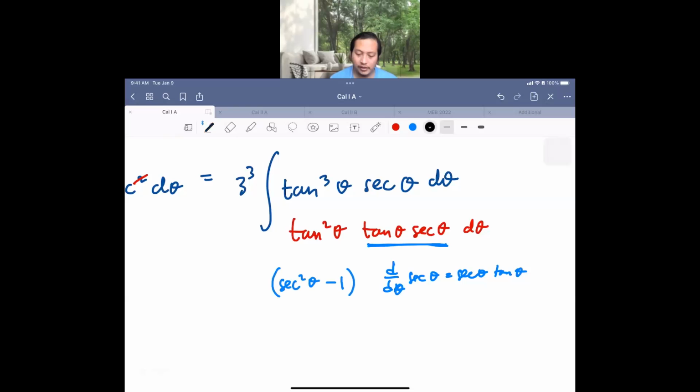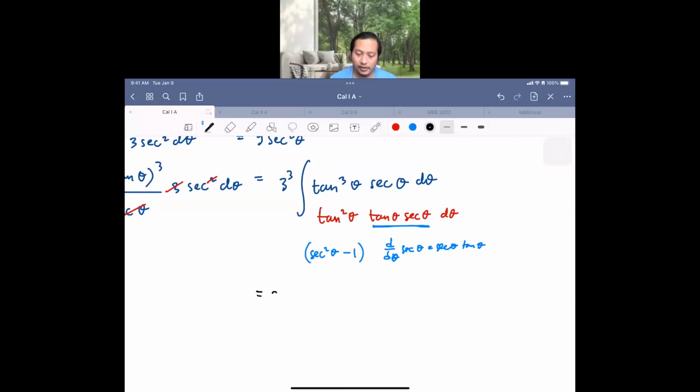Okay, so let me write completely. 3 cubed, or directly 27, is secant squared theta minus 1, and then secant theta tangent theta d theta, and then take u is secant theta, so du will be secant theta tangent theta d theta.